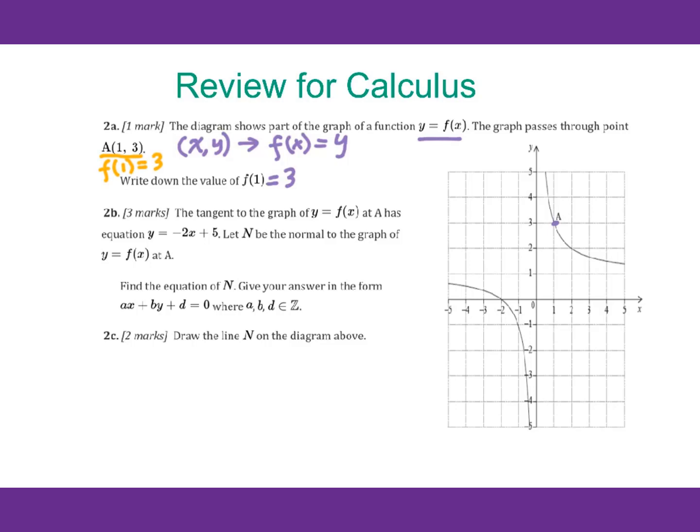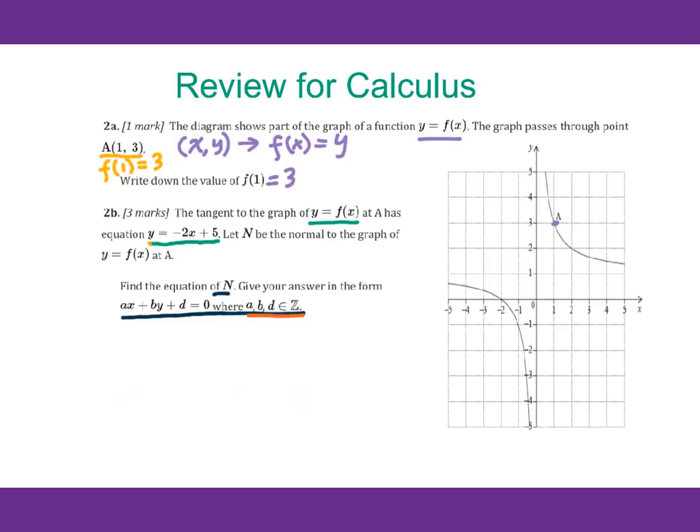2b, the tangent to the graph y equals f of x at A has equation y equals negative 2x plus 5. Let n be the normal to the graph of y equals f of x at A. Find the equation of n. Give your answer in the form ax plus by plus d equal to 0, where a, b, d are integers.